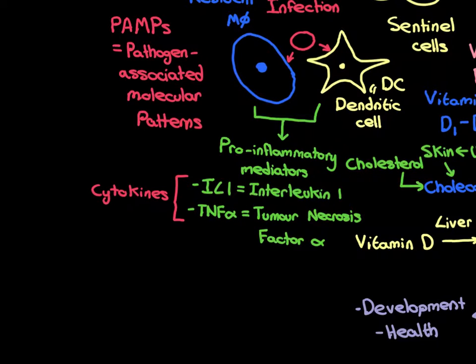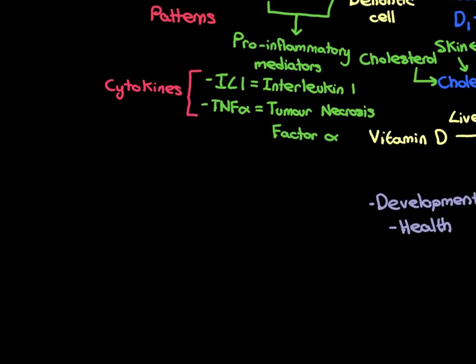Interleukin-1 and TNF-alpha are both proteins, so you can refer to them as pro-inflammatory cytokines if you wish. Okay, so what's going to happen next? The pro-inflammatory mediators, interleukin-1 and tumor necrosis factor alpha, are going to go to the microvasculature blood vessels. So they're going to go and act on the tiny little blood vessels within the tissue.